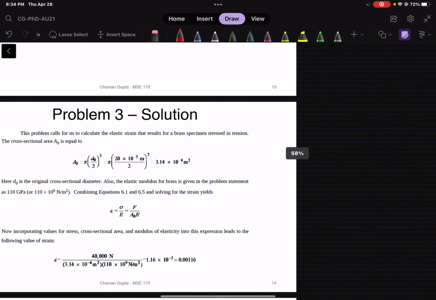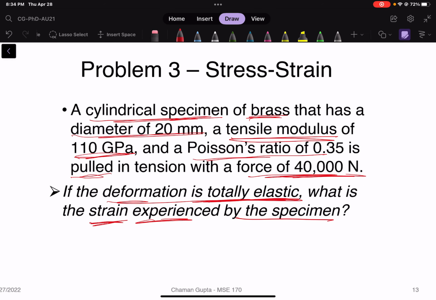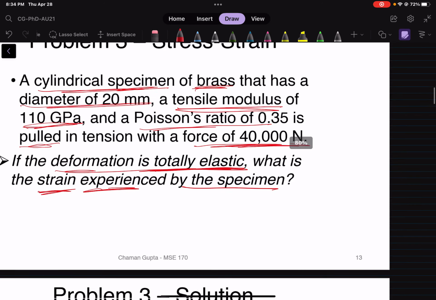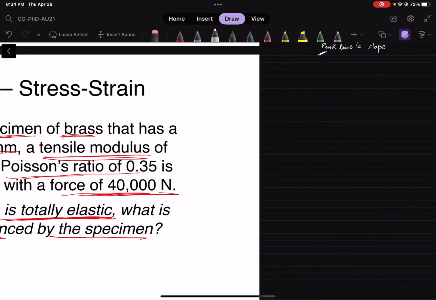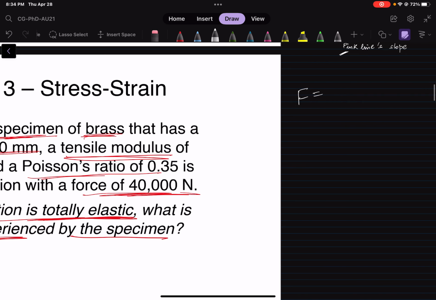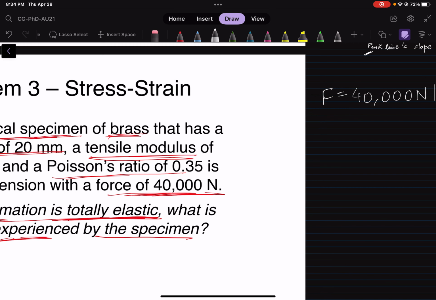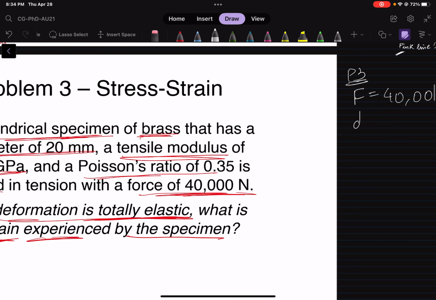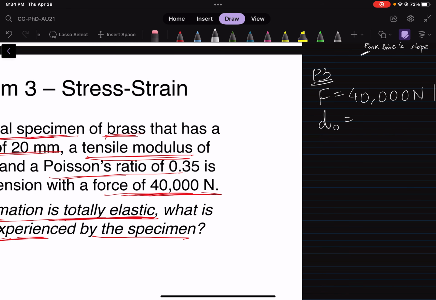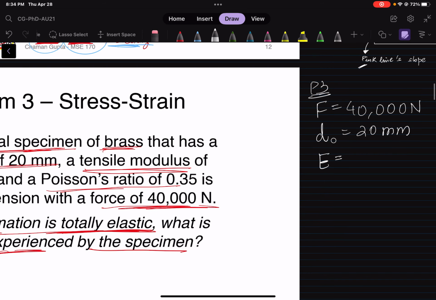Let's try to solve it over here, or I can just write it here. A few important things to write down that we have been given. You have been given the force acting on your material, which is 40,000 newtons. Problem 3. You have been given the initial diameter d naught of 20 millimeters, and the tensile modulus, which is also the Young's modulus.